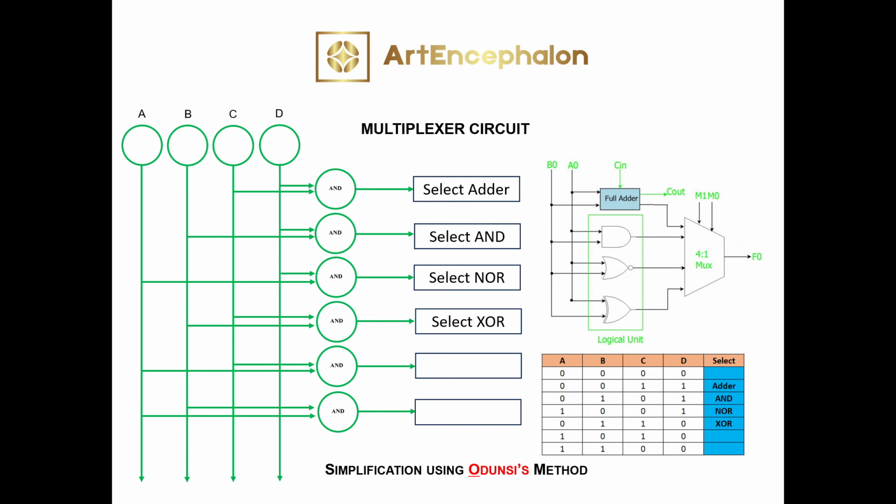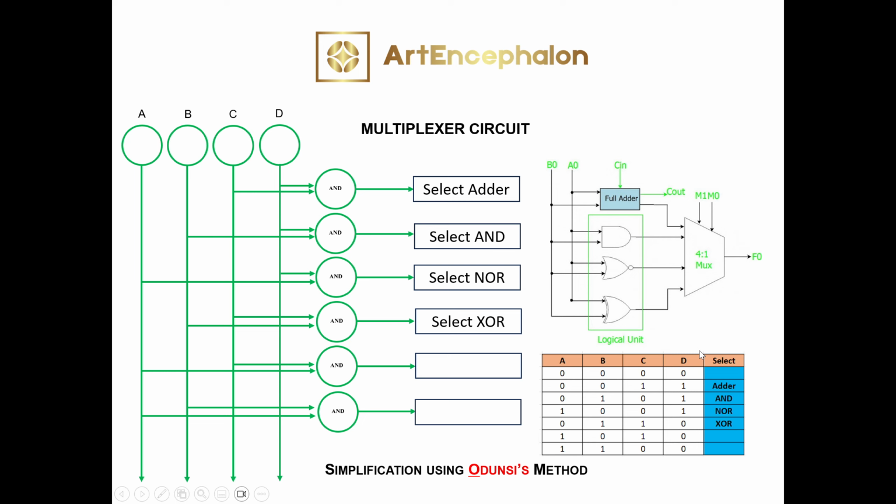If it's a 2-input logic, then you have 2 raised to the power of 2, which is 4. If it is 3, it's 2 raised to the power of 3, which is 8. If it is 4, it's 2 raised to the power of 4, which is 16. But in the case of neurons, it will not work like that.